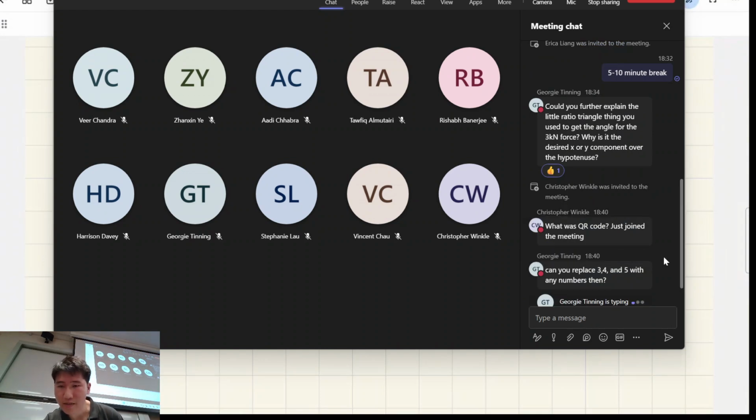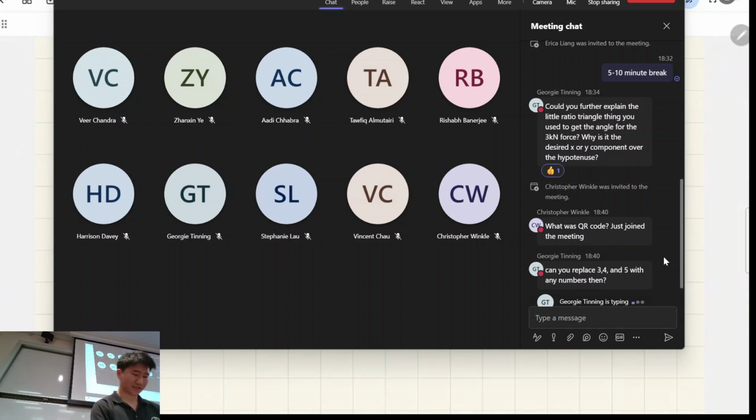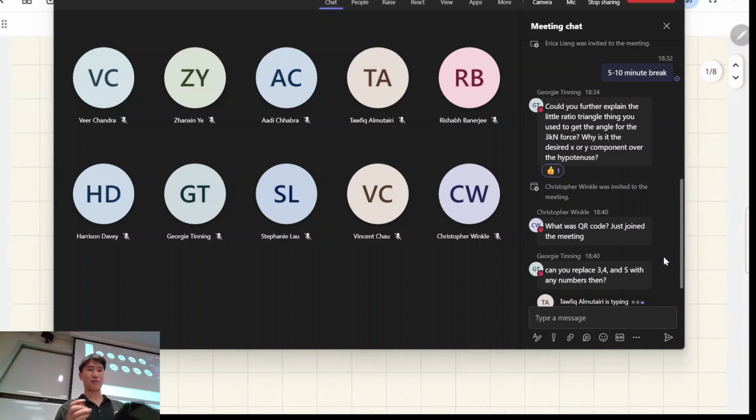Can you replace 3, 4, and 5 with any numbers then? Yeah, so another example. Let me check these are the right numbers. I'm pretty sure it's 5, 12, 13. So 5, 12, and 13 is another Pythagorean ratio that you'll see very often because they're whole numbers.